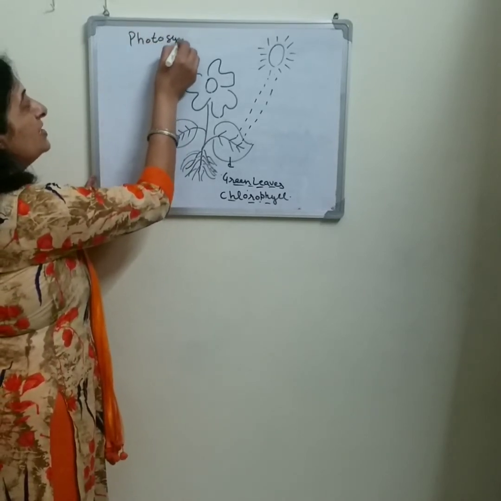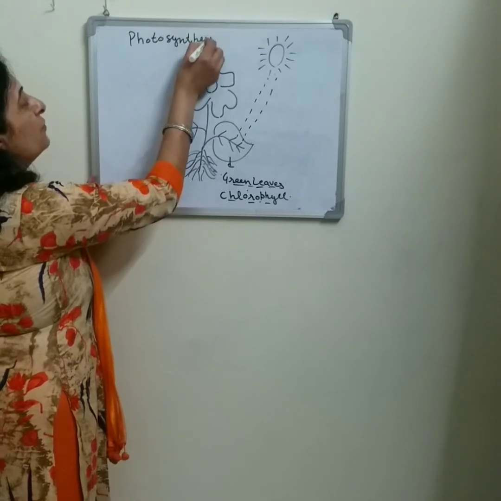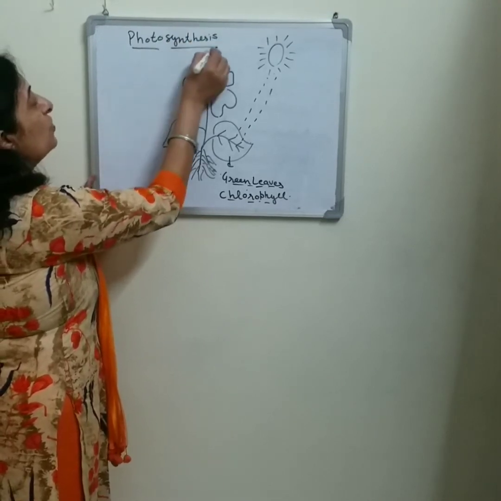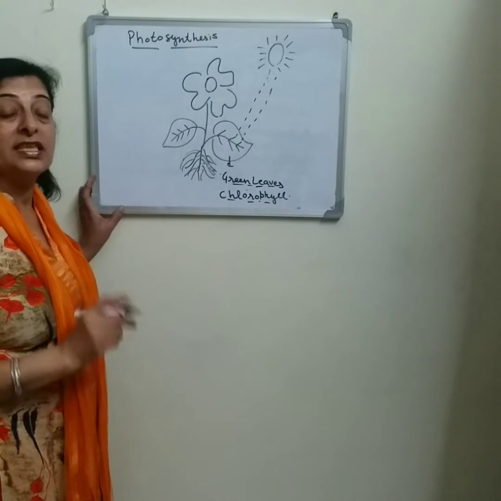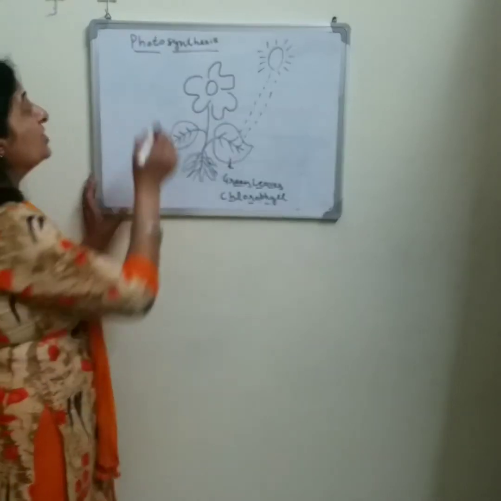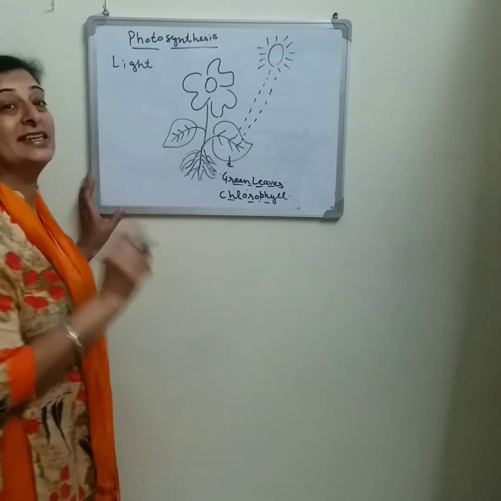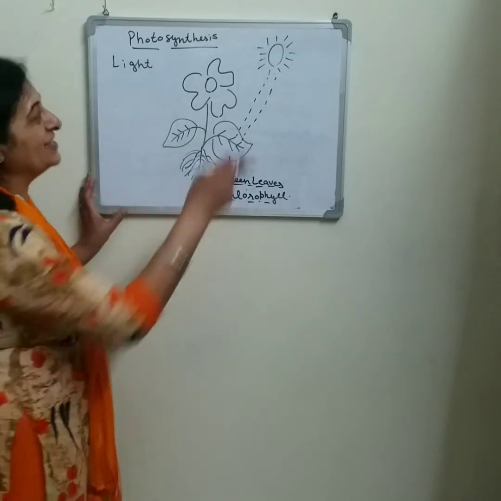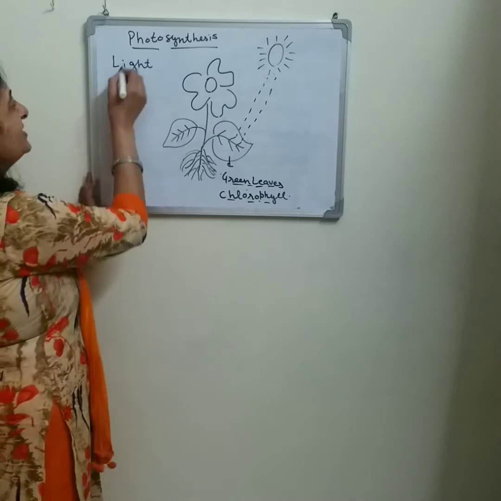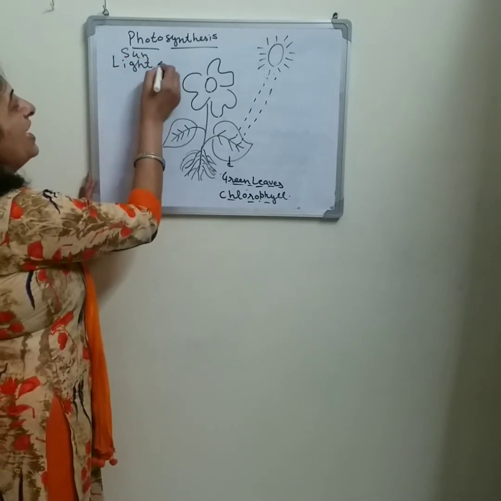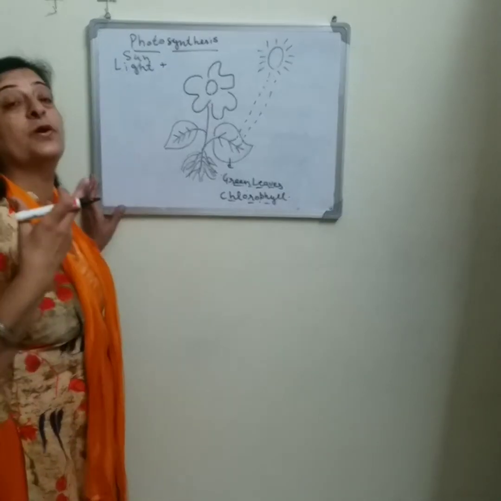If we look at the word photosynthesis, photo means light. Which light? Yes, you are right, that is sunlight. And synthesis means to prepare.